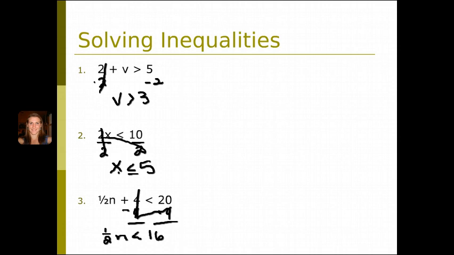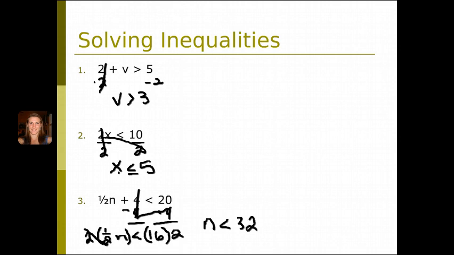And in order to finish out the problem, you must multiply both sides by the reciprocal. 1/2 times 2 cancels, and you're left with n. 16 times 2 is 32.